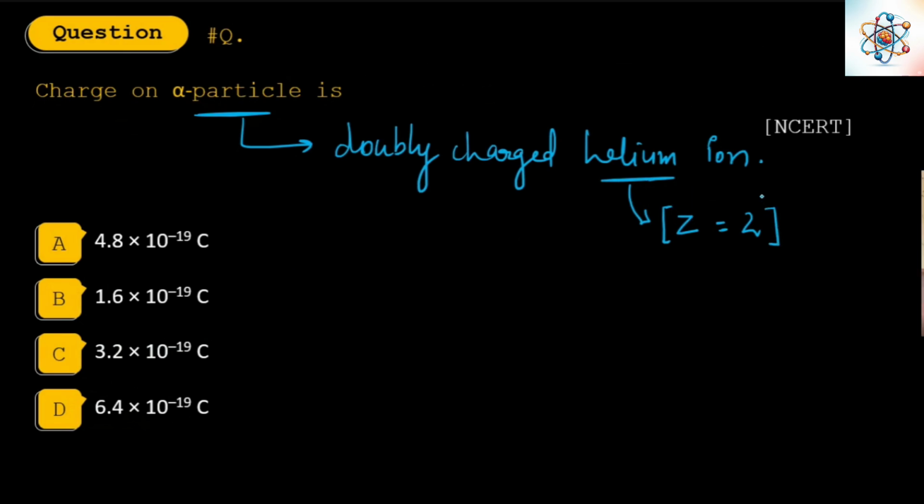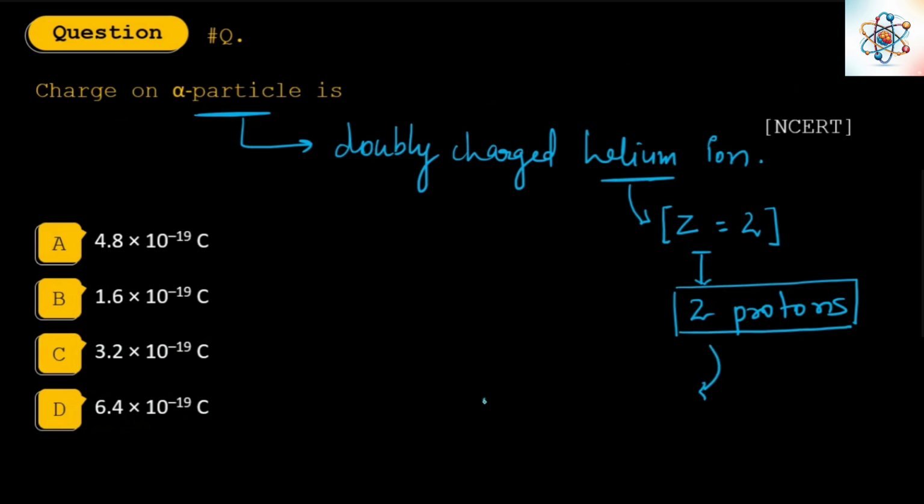If its atomic number is two, it is supposed to contain two protons. This is what its atomic structure says. Helium. So two protons means twice of 1.6 into 10 to the power minus 19. Charge of one proton is 1.6 into 10 to the power minus 19.